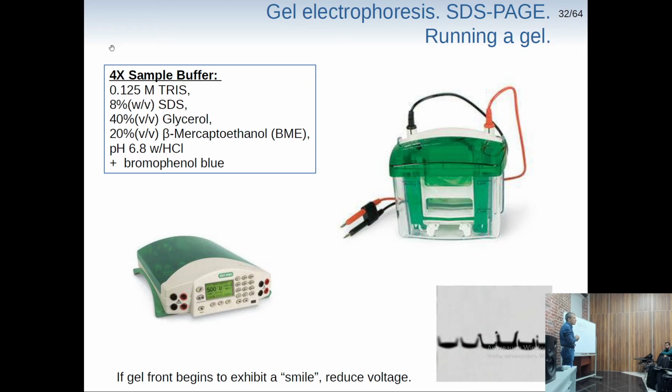Also, if we use only water, we can have a hard time pouring our samples into the well, and if it is in water, it will diffuse out of the well. So we need something that makes the diffusion smaller, like glycerol. Also, glycerol is very beneficial because it's heavier than water, and it will actually put your sample down here. And just for ease of use, it would be nice to have something that has color, because proteins are mostly uncolored.